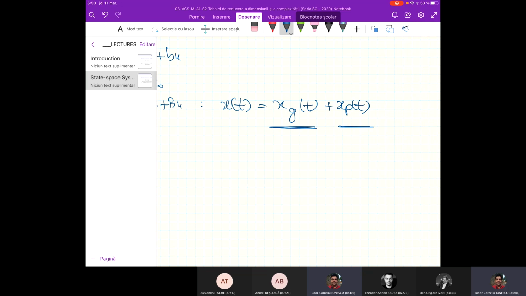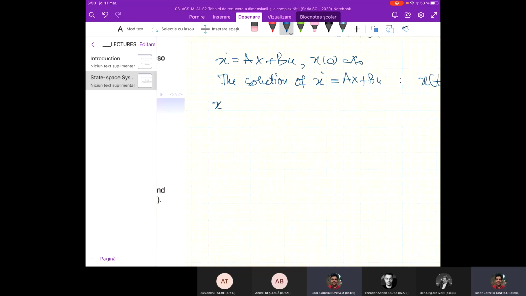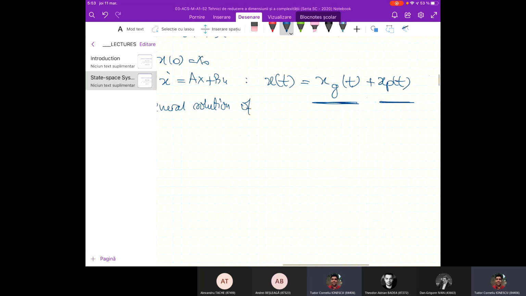This is the solution to the Cauchy problem of solving a first order differential equation. Xg is the general solution of x dot is Ax plus Bu.